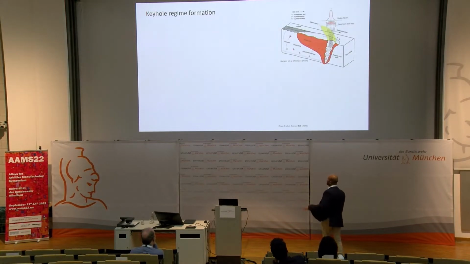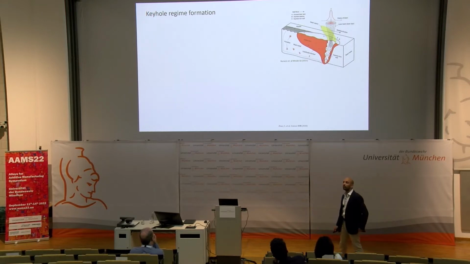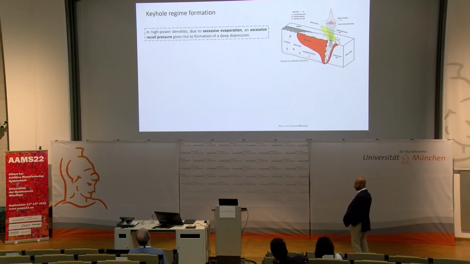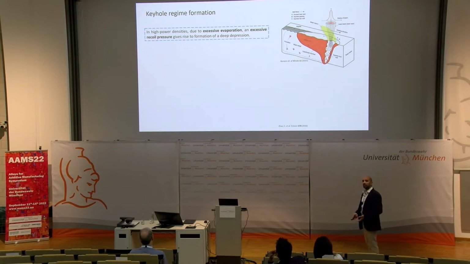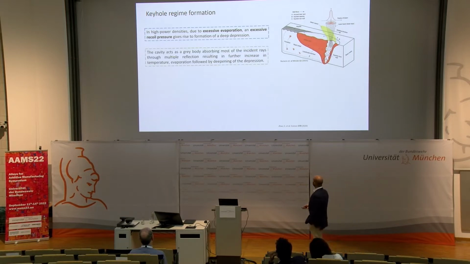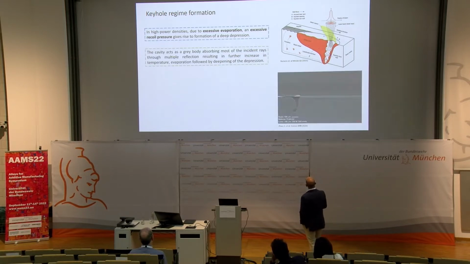So I'm going to talk a little bit about the keyhole regime, because we're going to go a bit deeper into what's going on. Keyhole is the product of excessive evaporation and the corresponding excessive recoil pressure that overcomes the surface tension of the melt pool and creates this cavity, the depression zone. By the time you create the depression zone, you activate multiple reflection, which contributes even more to deepening this cavity.